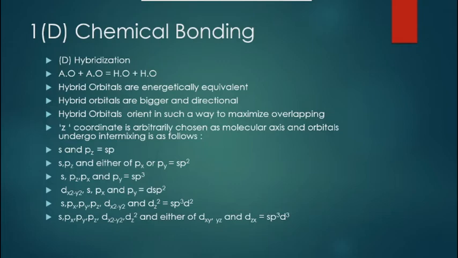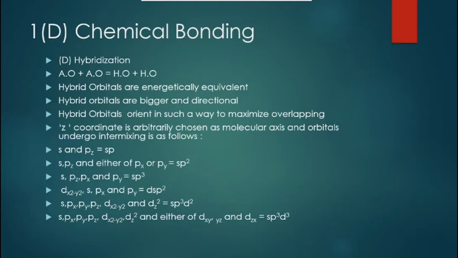Suppose we consider the z-axis as the molecular axis. Then for sp hybridization, the orbitals undergoing intermixing are s and pz. In sp2, s, pz and either of px or py atomic orbitals undergo intermixing. In sp3, the s orbital and all three p orbitals undergo intermixing.